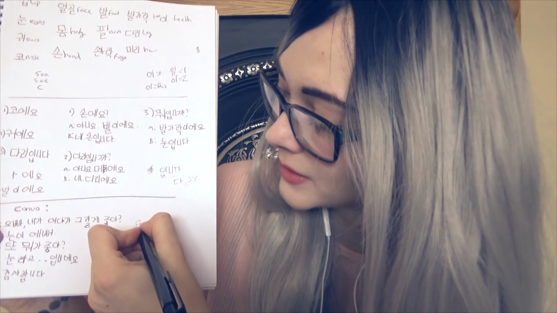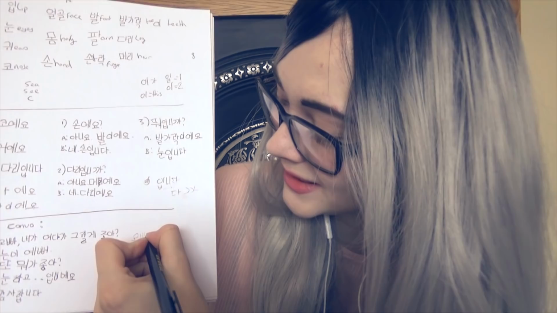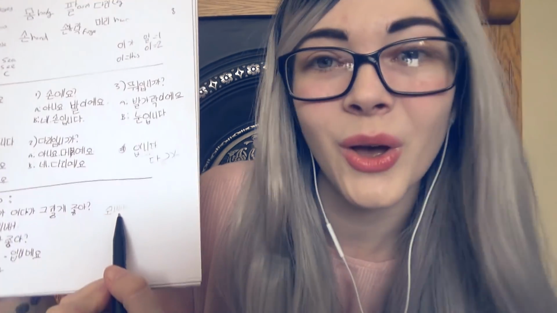How do we know it's between relatives? Well, I will talk about relatives in another lesson specifically, but just so you know for now, for this scenario, the word that I'm about to write before my pen runs out is 오빠. Now, 오빠 could have been replaced here with 누나 or 어머니 or 아빠, or any other family member, but this specific conversation is a sister speaking to her older brother.